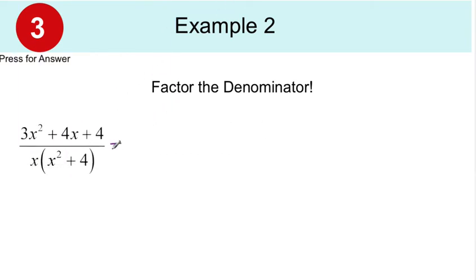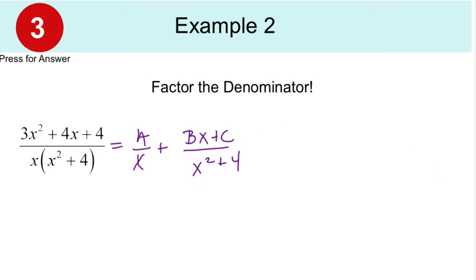And this is going to be equal to A over x plus Bx plus C over x squared plus 4. Notice, since this is not linear, I have to have my numerator be Bx plus C.